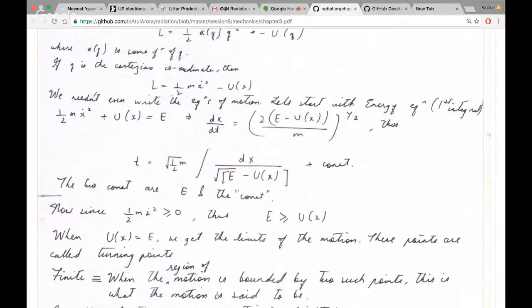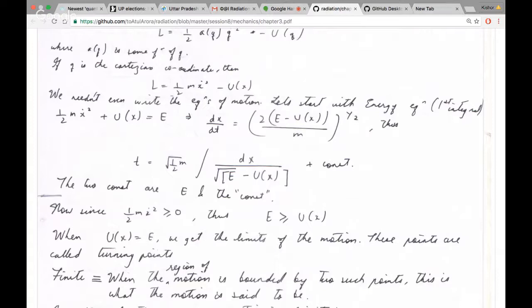You're saying that U is... but in any case, even if U and E both are negative, E should be greater than or equal to U(x). One term is positive, you're adding a positive term. Yes, it has to be. What was your problem?